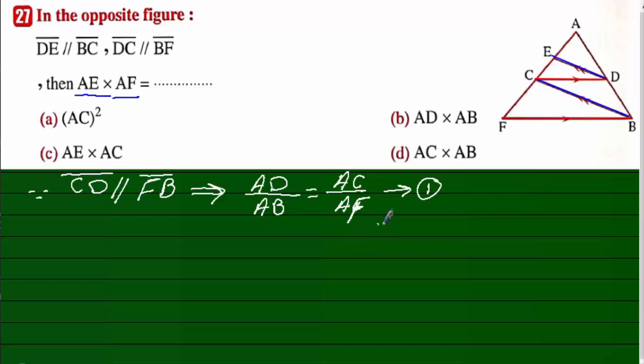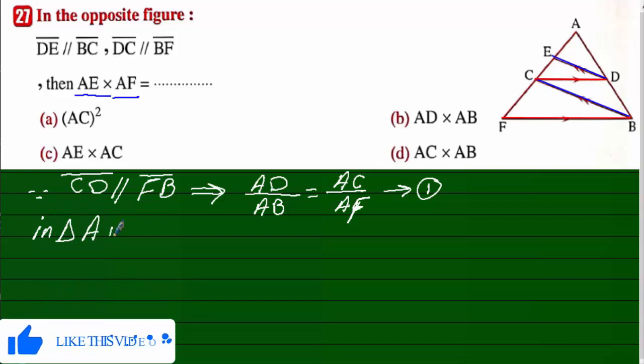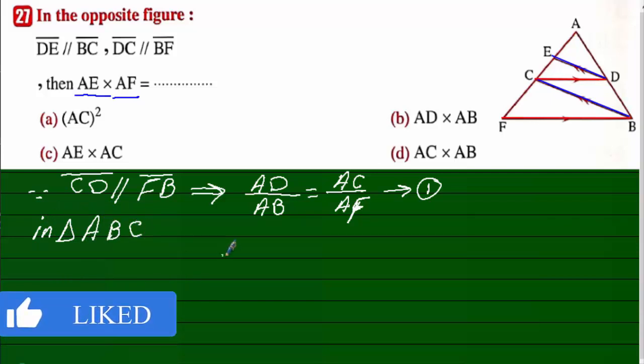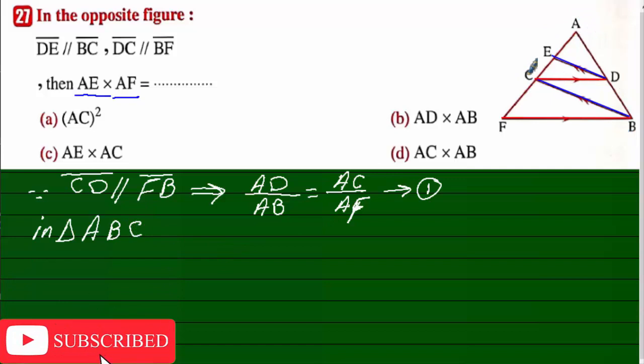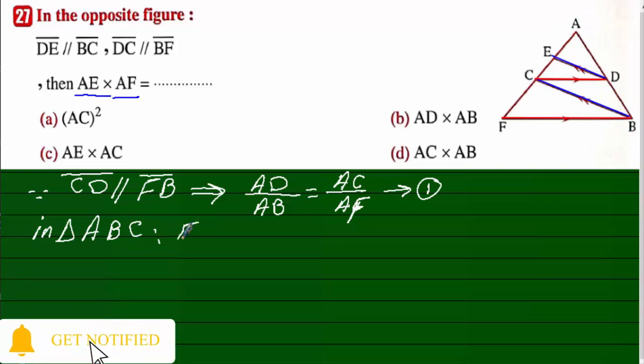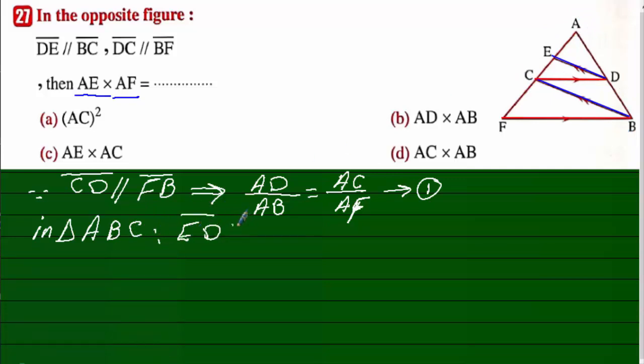And concentrate on the other triangle, triangle ADC. No, in triangle ABC here. So in triangle ABC, we have DE parallel to CB. So what do you deduce?